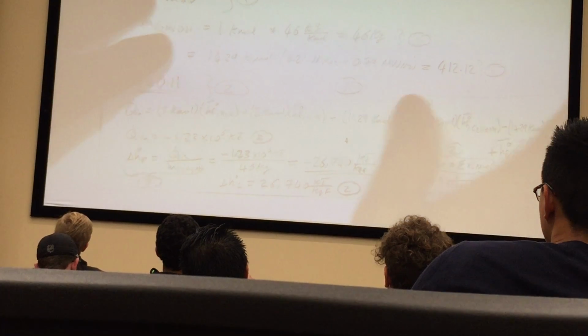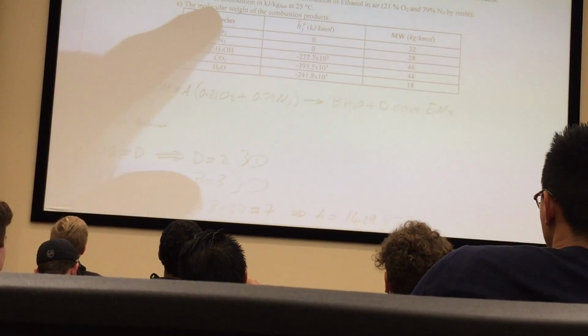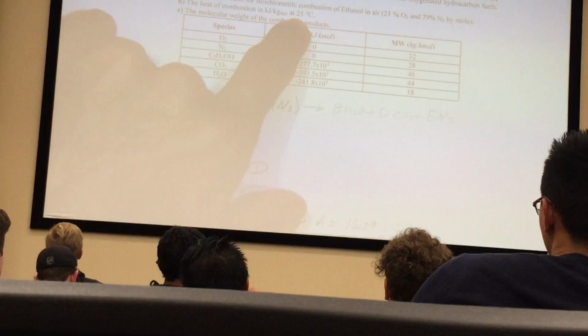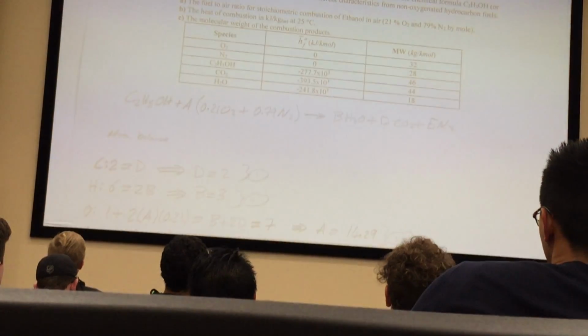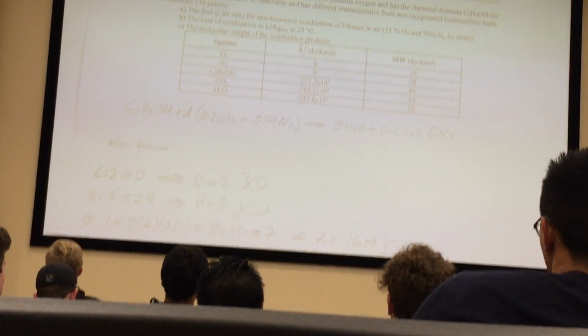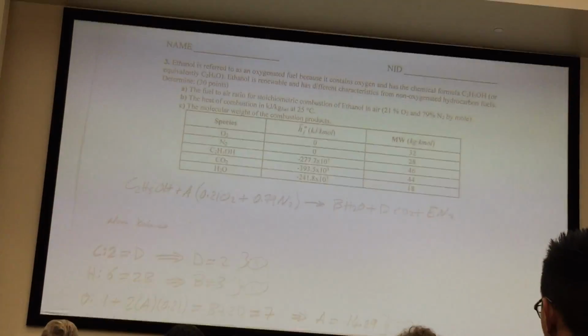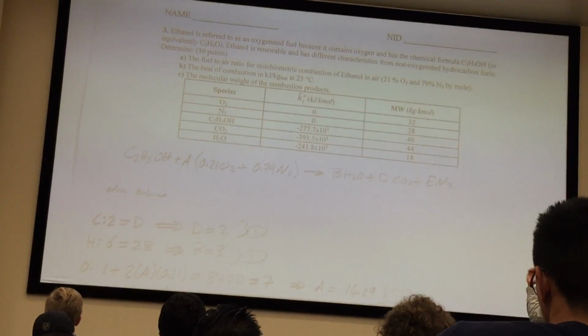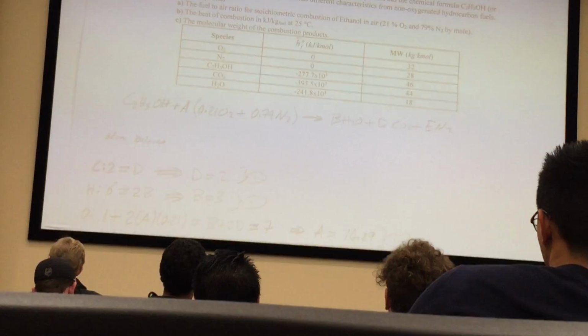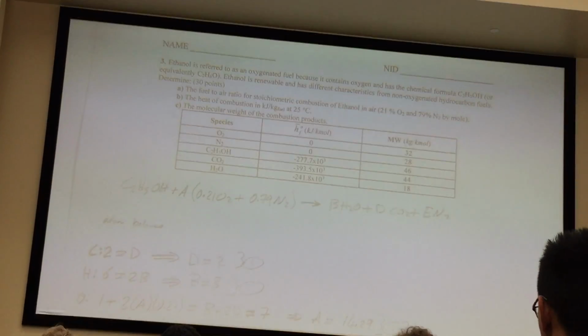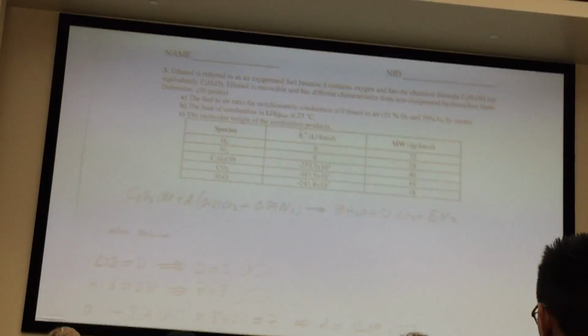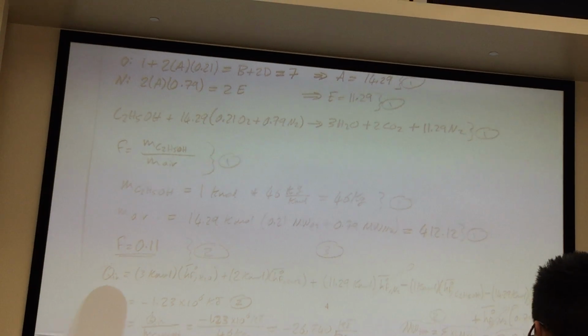Now, the next question was, find the heat of combustion at 25C. So I'm already telling you that it's at standard temperature and pressure conditions. You write down the big long equation that we did for heat of combustion, which you get Q for.